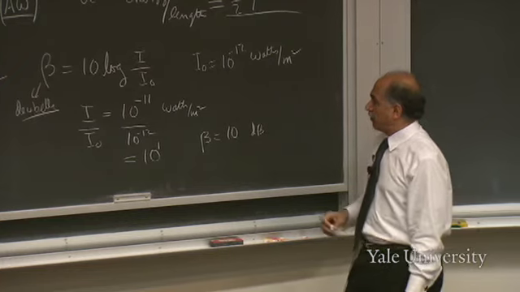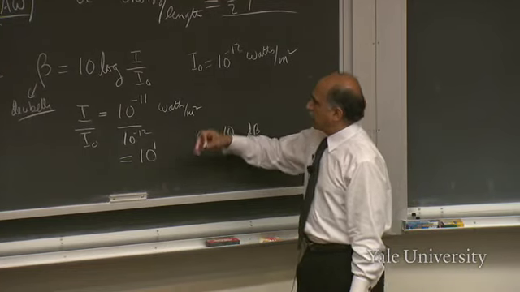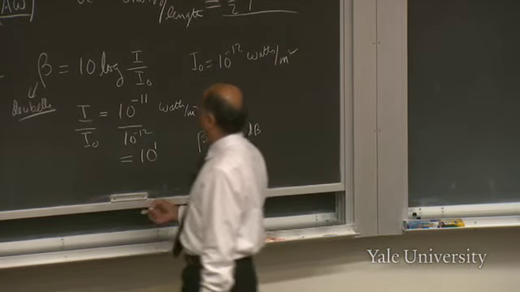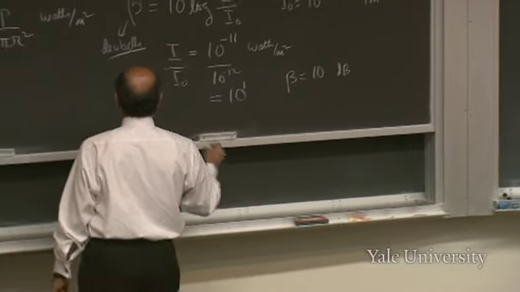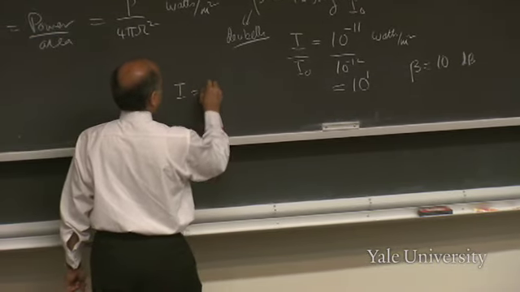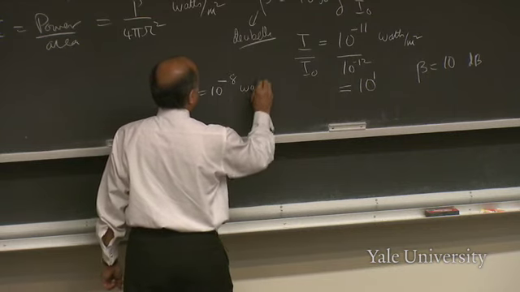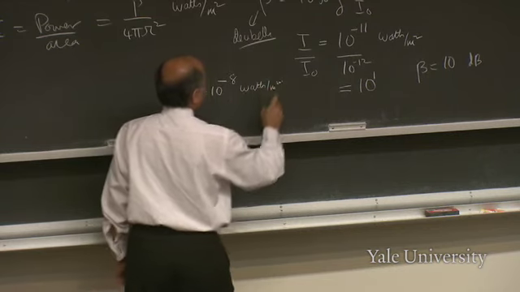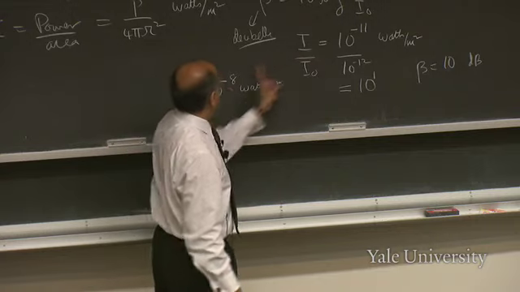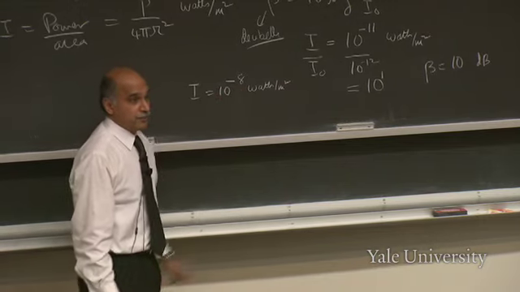So a 10 decibel sound is a factor of 10 bigger than the standard sound. But here's the interesting thing. Suppose the intensity is 10 to the minus 8 watts per meter squared. That is 1,000 times more intense than this one.